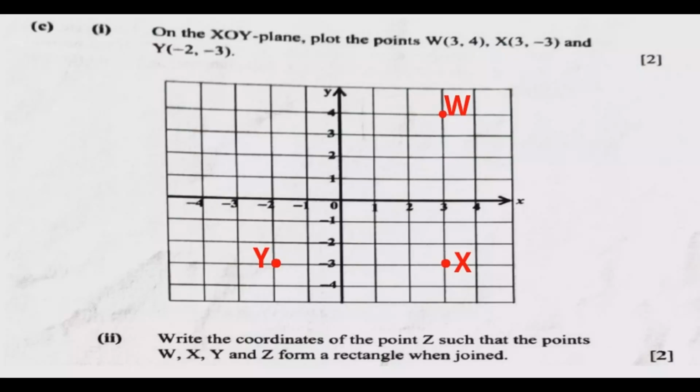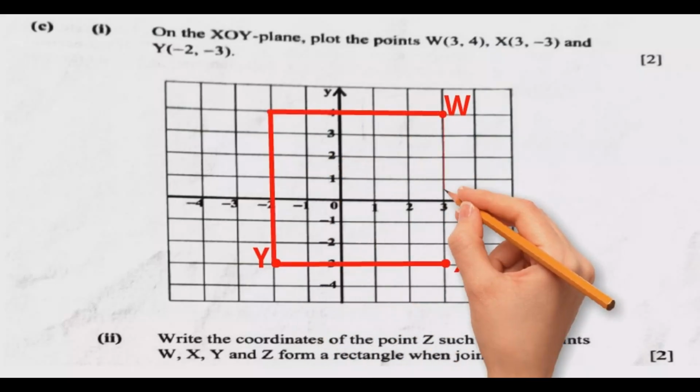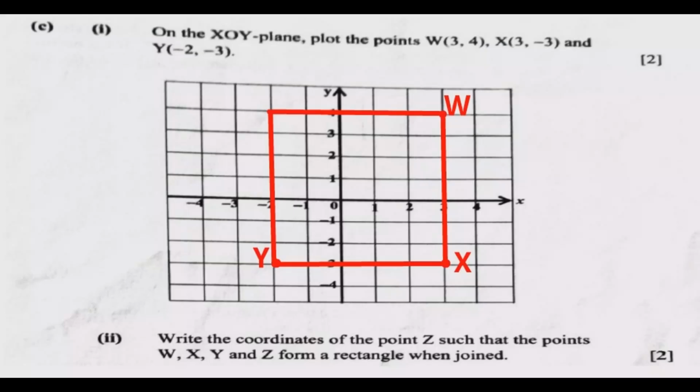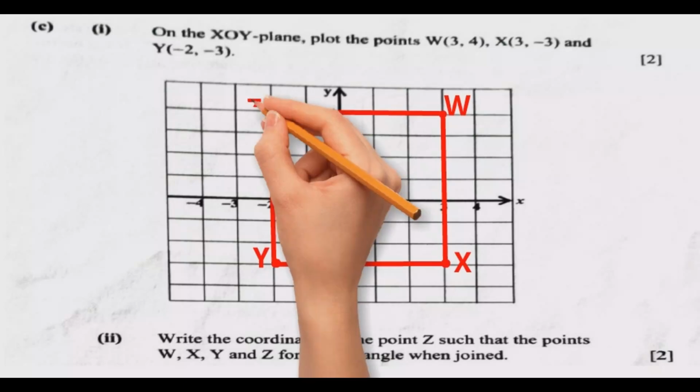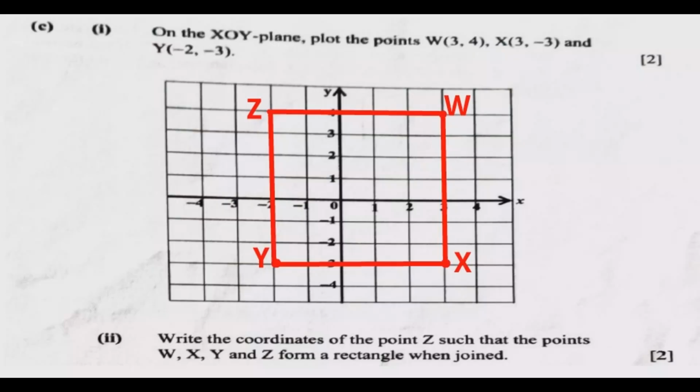So we are going to draw the same length of line YZ as the line WX. So let me draw the lines. Now we can see that at the corner where there is no letter, we can put Z there. Now that point is Z.